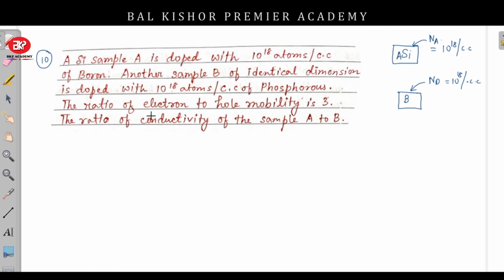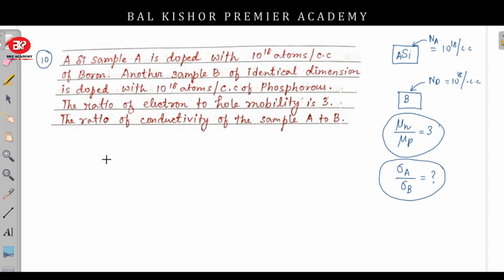The ratio of electron to hole mobility, mu n by mu p, is given as 3. We need to find sigma A divided by sigma B, the ratio of the conductivity of sample A to B.